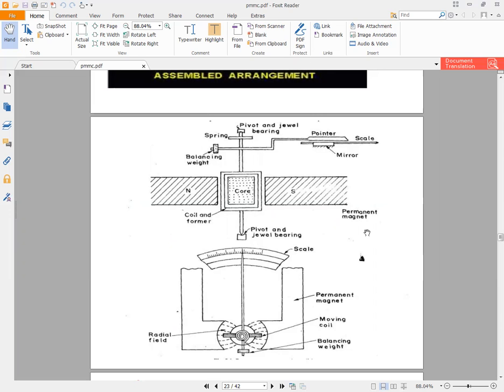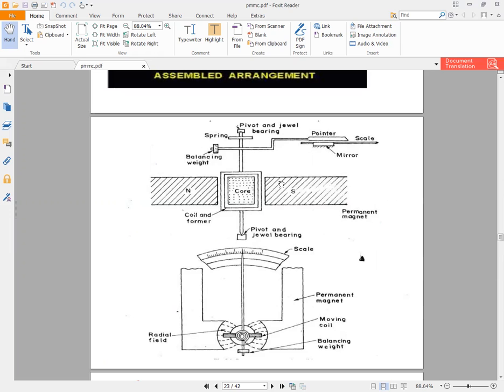These instruments have high sensitivity. They are free from hysteresis and stray magnetic losses. They have high accuracy because the torque to weight ratio is high. Power consumption is very low.